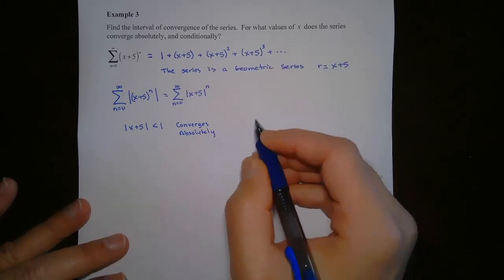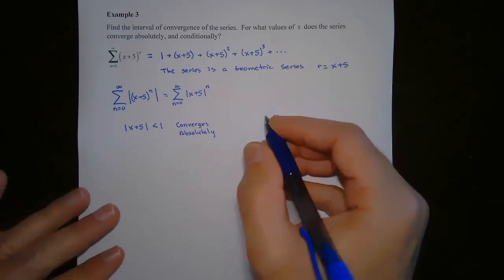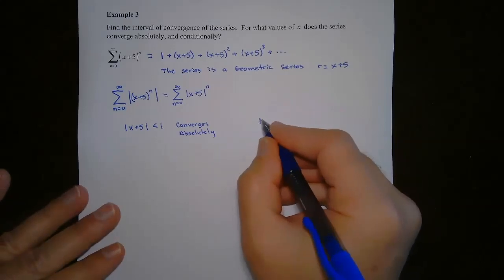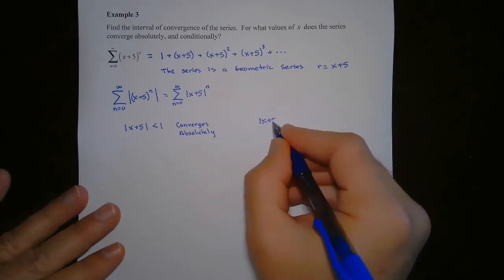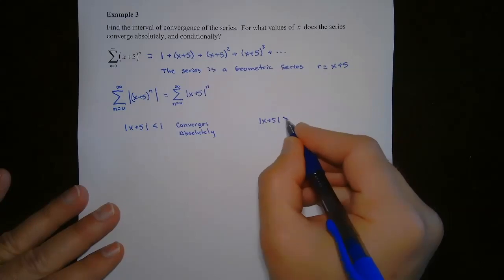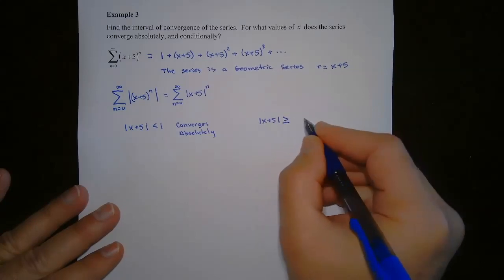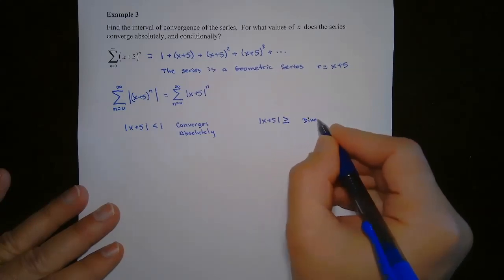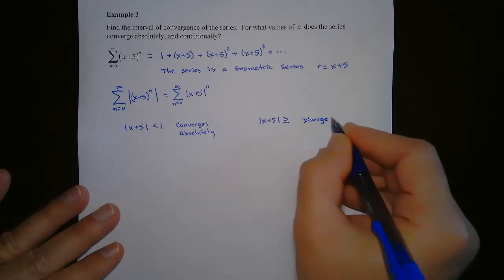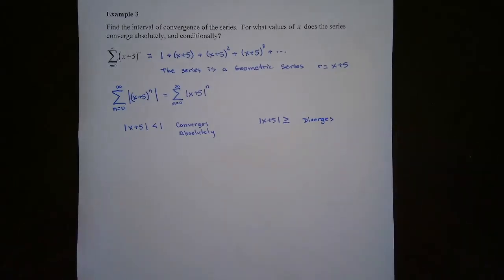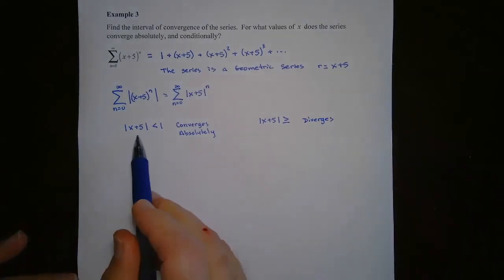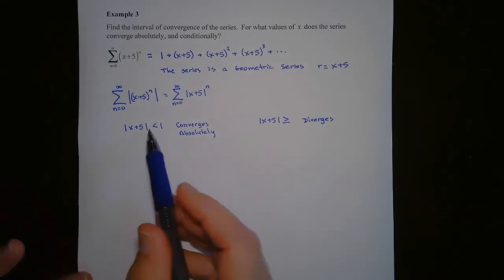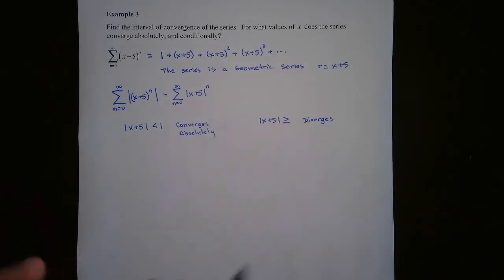We also know, because it's a geometric series, that when the absolute value of x plus 5 is greater than or equal to 1, it diverges. So we automatically know it's converging for these x values, and it's converging absolutely, and it's diverging for these. So there's no conditional convergence. It won't happen on geometric series.